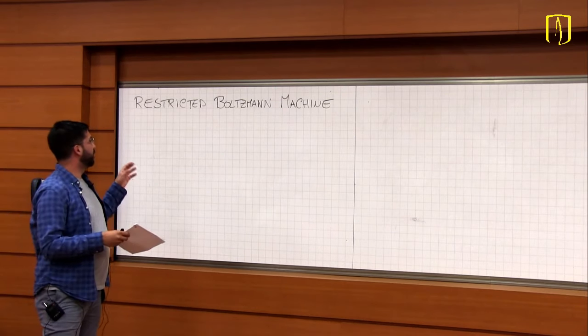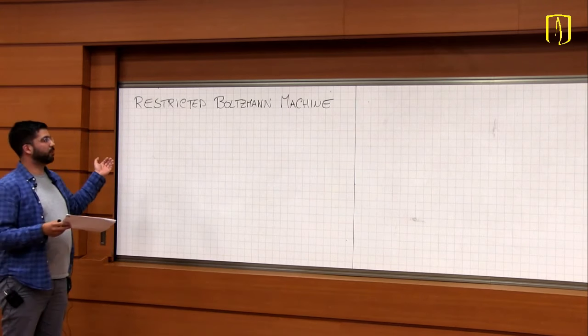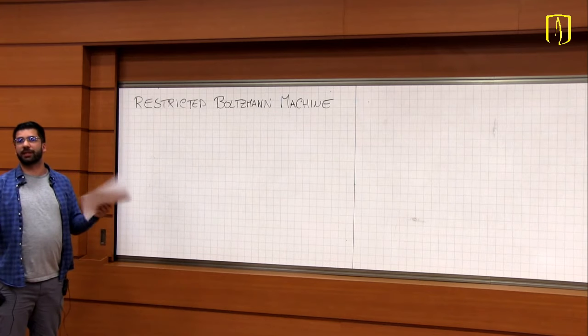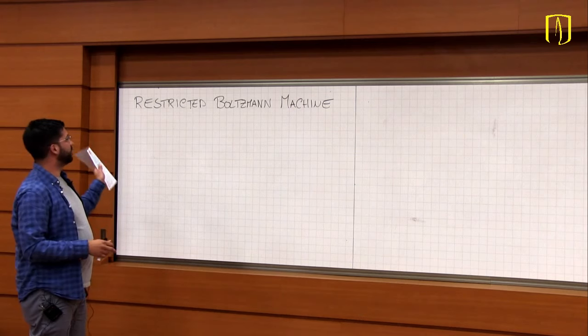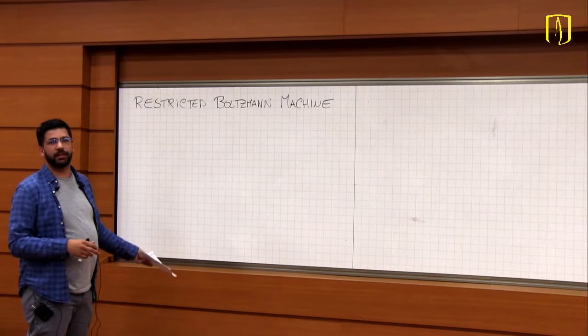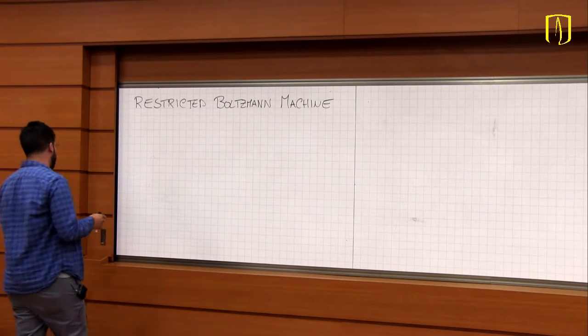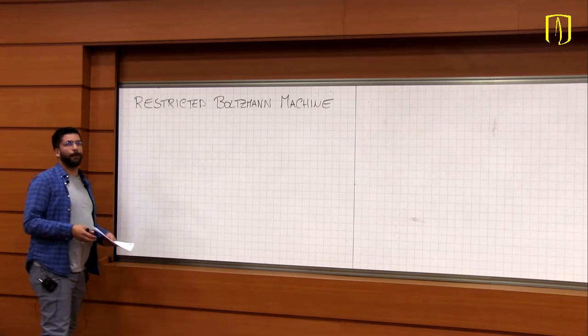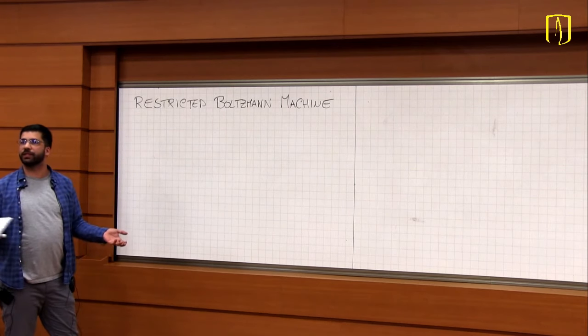And it's going to be clear when I go through this RBM that this is nothing more than an Ising model, essentially the same that you saw on the first day. And so this type of network was then adopted recently, in the last 2 or 3 years, by the physics community. Since it's essentially an Ising model, it's straightforward to use this type of network to build representations of physical states.